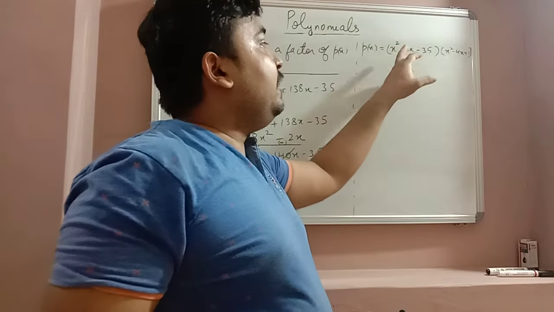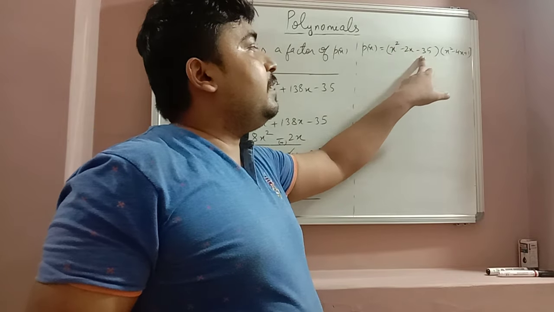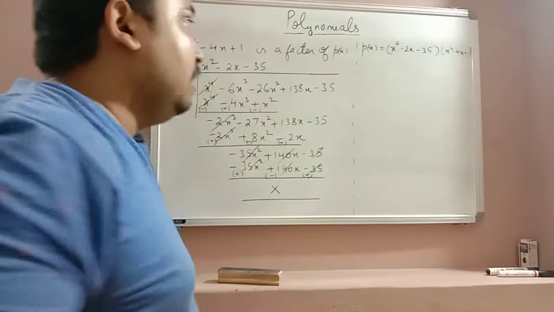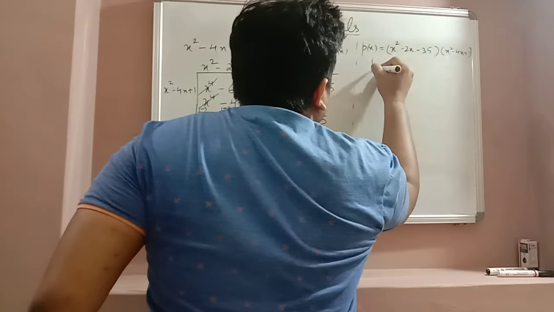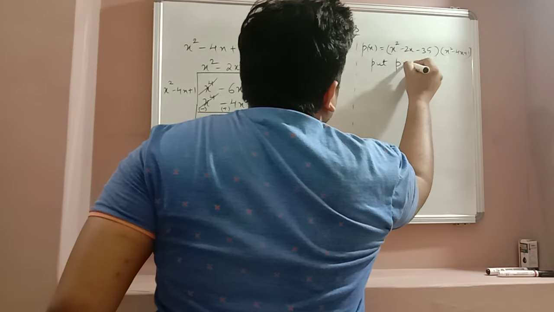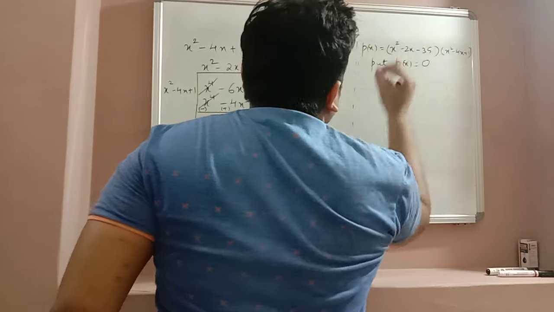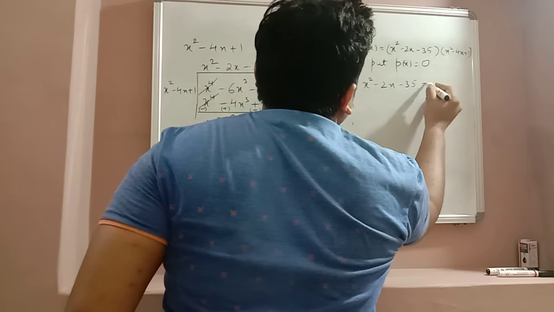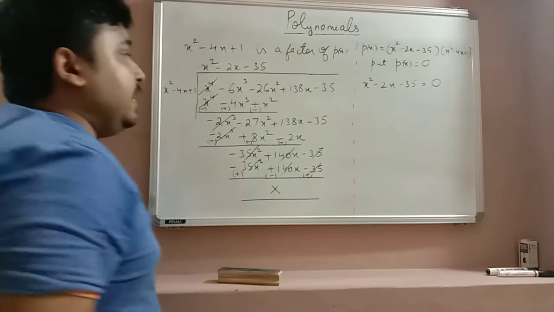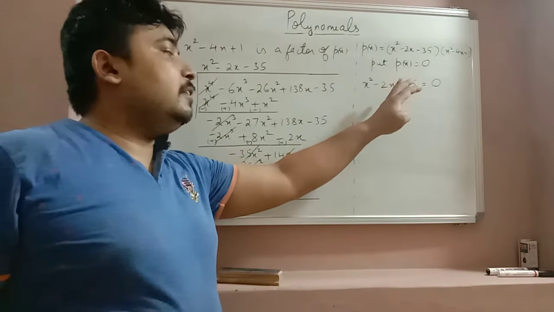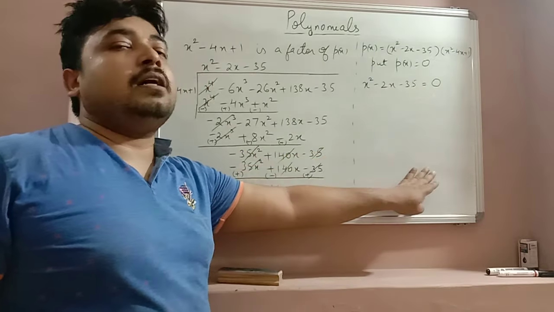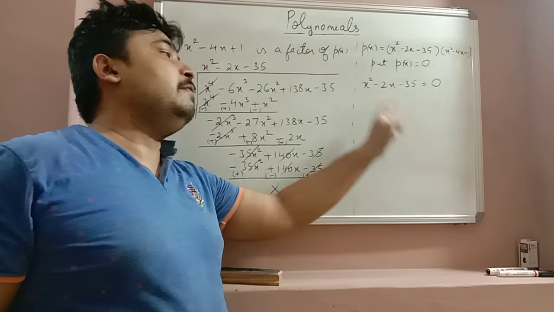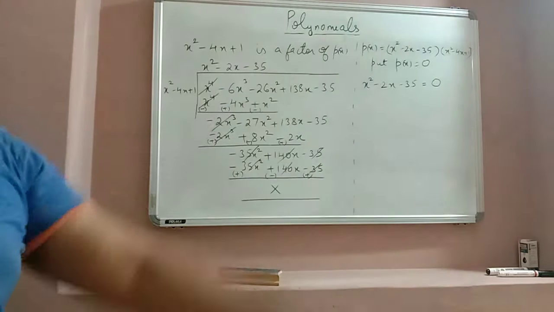So what we need to solve is x square minus 2x minus 35 equal to 0. I'll put p of x equals to 0 and take x square minus 2x minus 35 equal to 0, and I will try to solve for x, and the solution for the x will be the other two zeros of the given polynomial p of x.